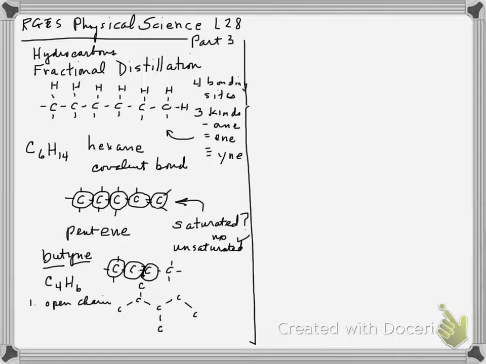Number 2, you might have this is an open chain with, let me take these last 2 off. Let me retreat a little bit here. Sorry about that. I'm going to take those last 2 carbons off. Okay. Now right there, so you might have to erase something.